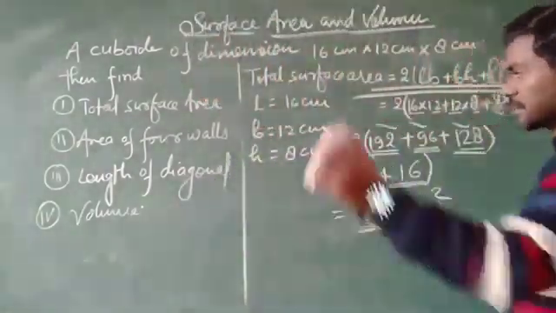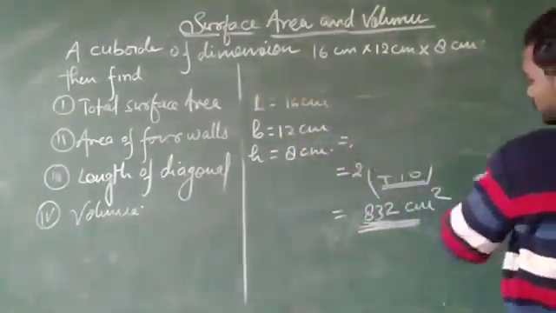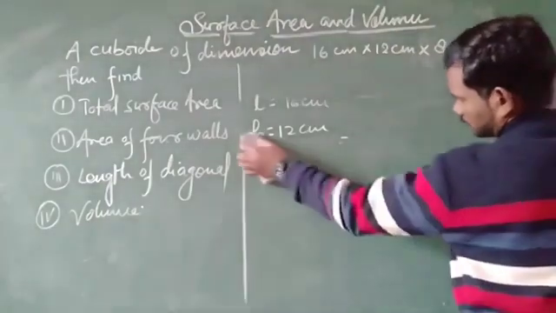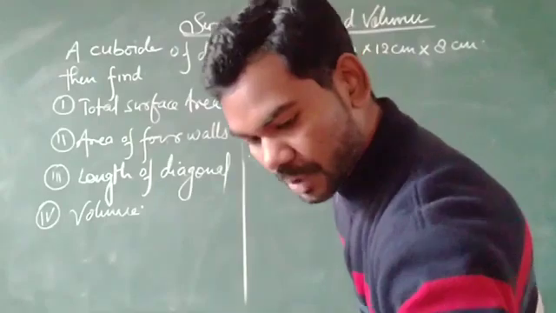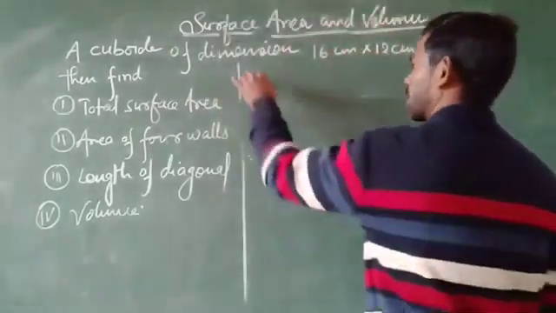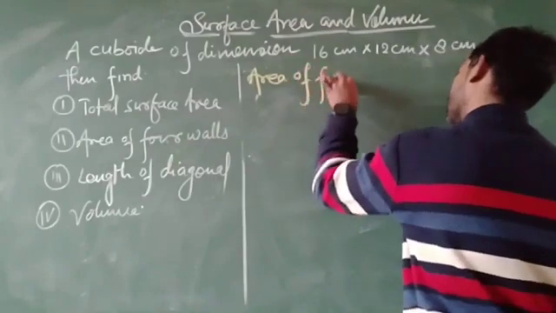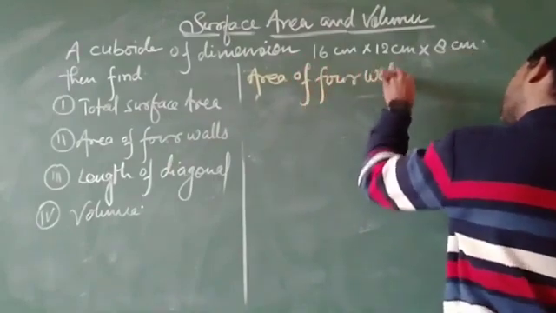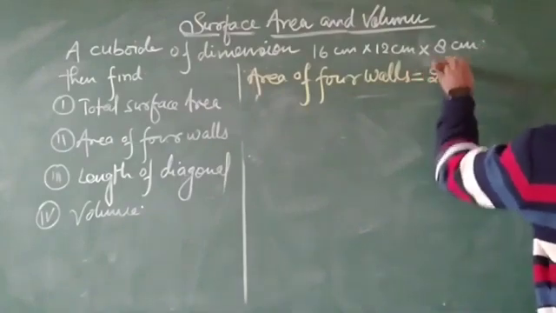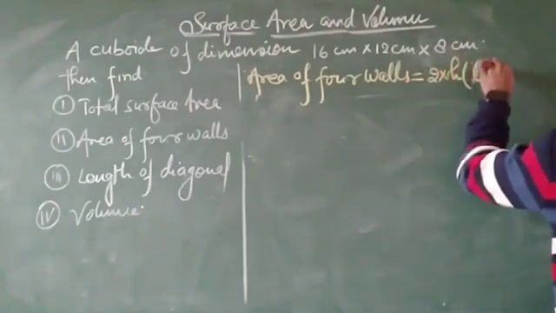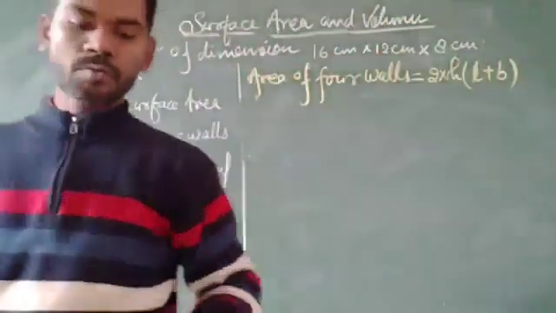Now let's see the second part of this question. The second part is the area of 4 walls. Area of 4 walls is given by 2 into H into (L plus B). This is the formula for the area of 4 walls.